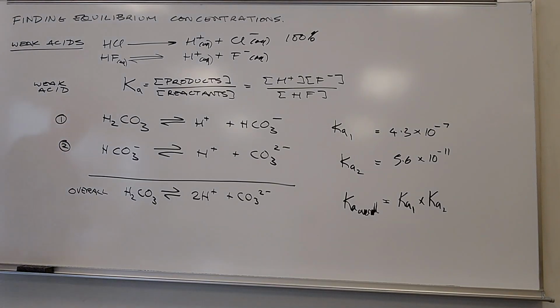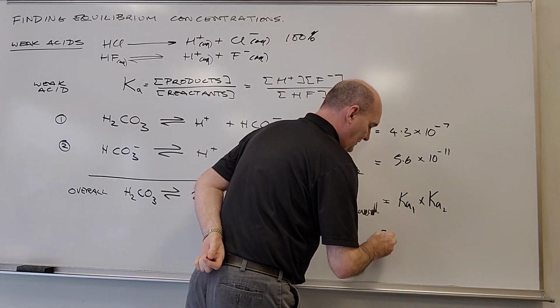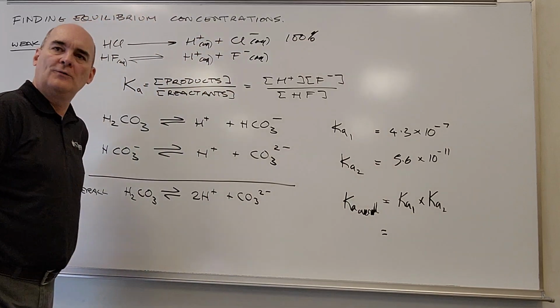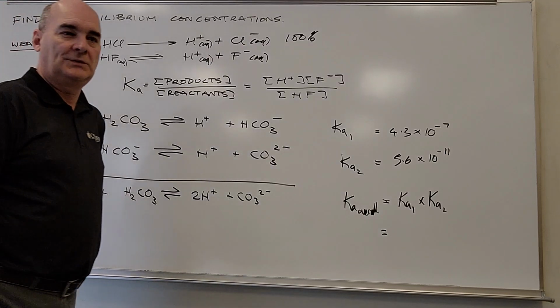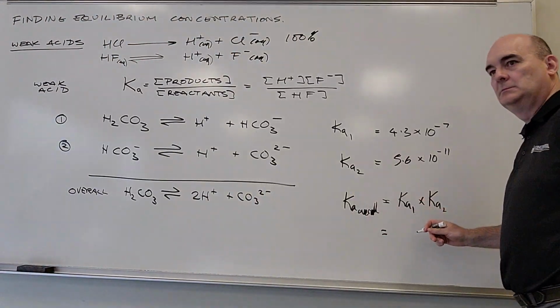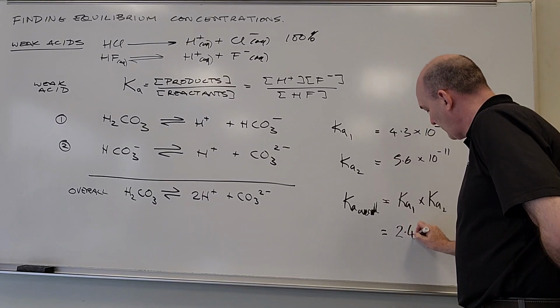So our overall, multiply those two numbers by themselves. That will give you the Ka overall for this reaction, for this total dissociation. This is one of those things where what you were told in high school isn't true. 2.4 times 10 to the negative 17th.